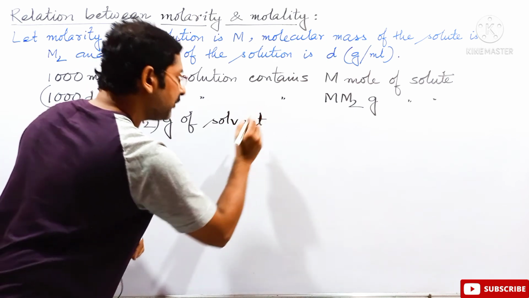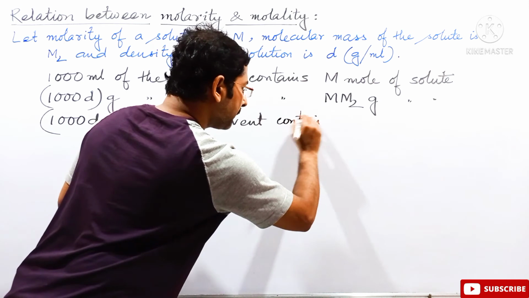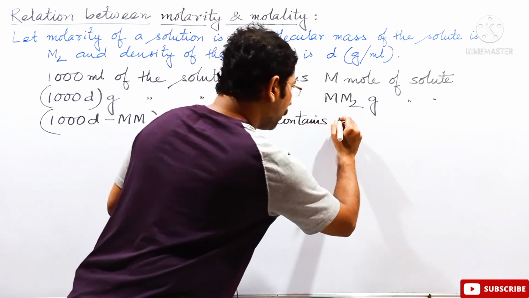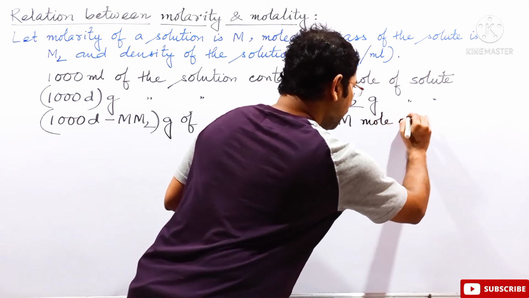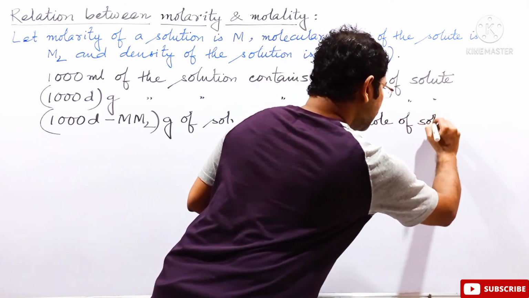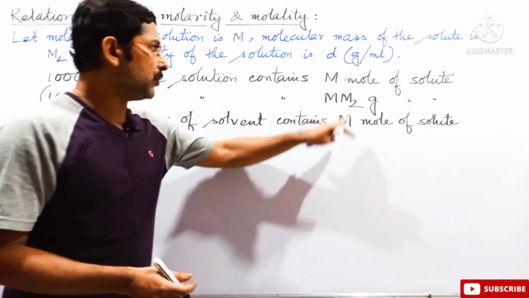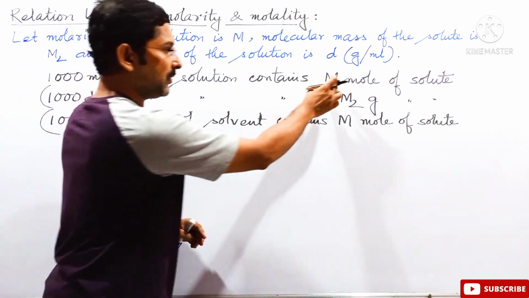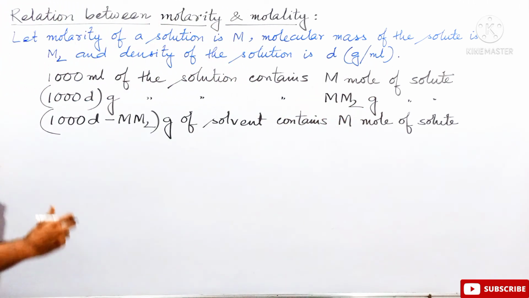This mass of the solvent contains again M mole of solute. This means M into M2 gram of the solute.